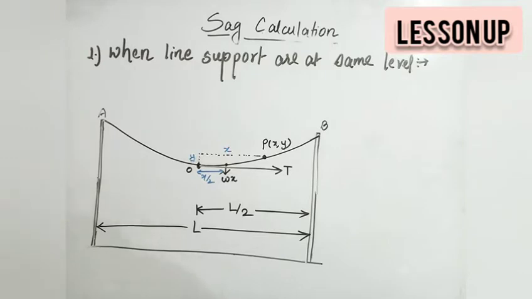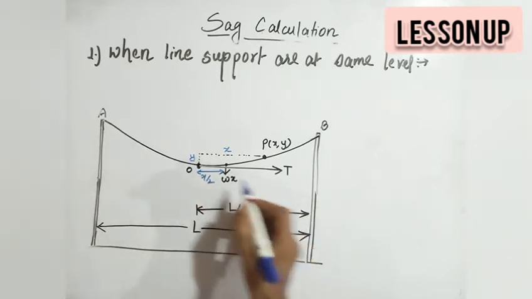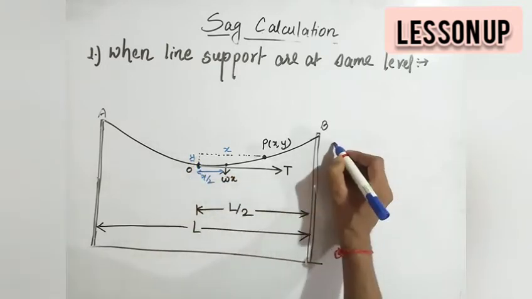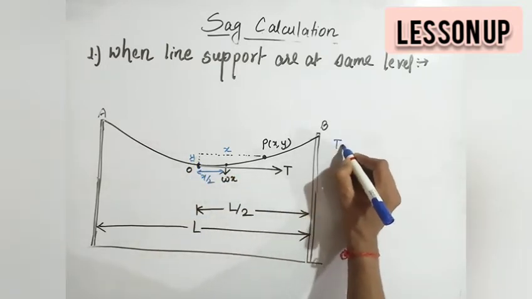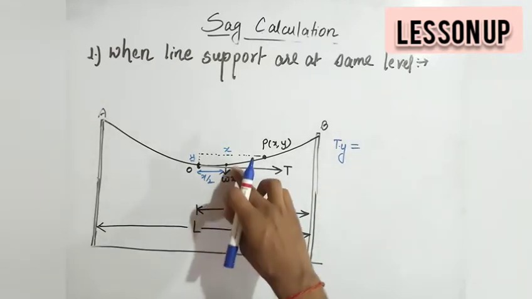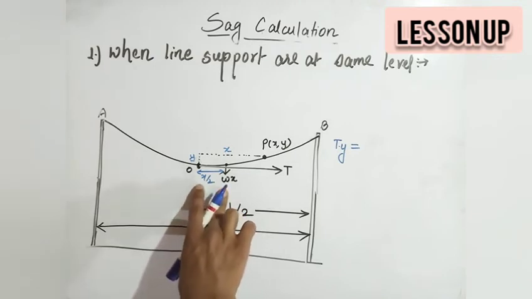Under this condition, the portion of curve OP maintains mechanical equilibrium, that is, horizontal force into y should be equal to the vertical force acting at the middle of the line.